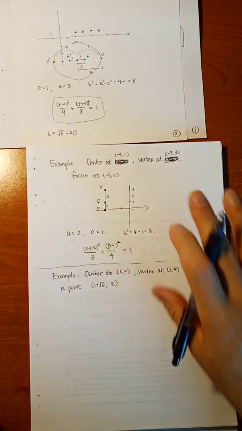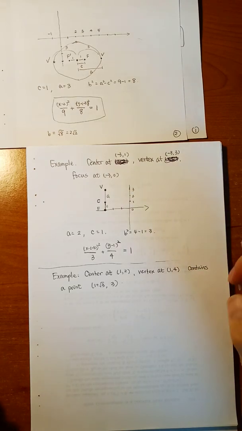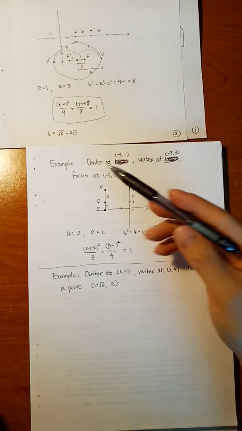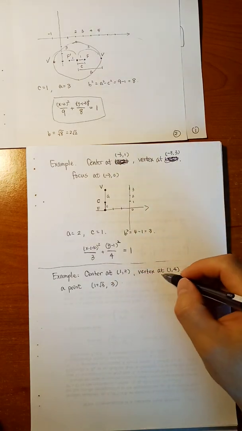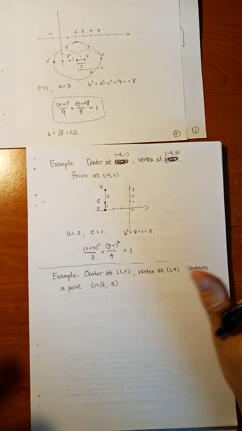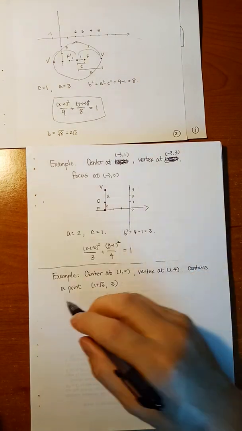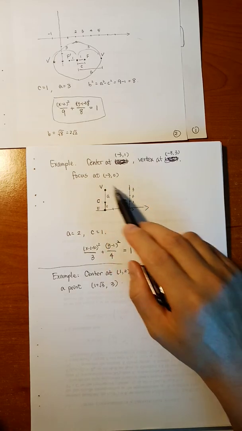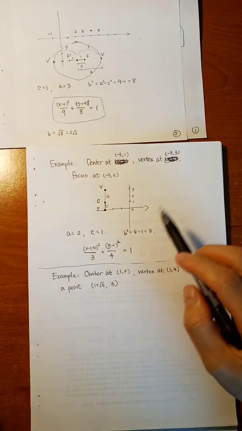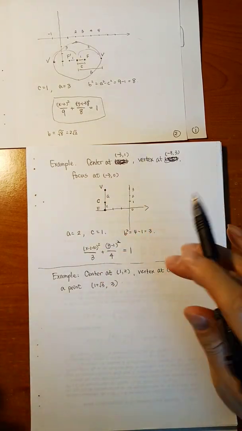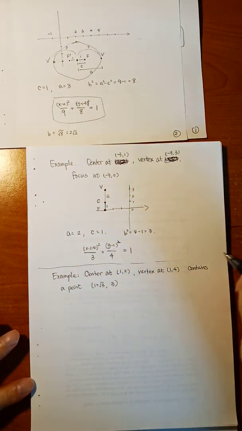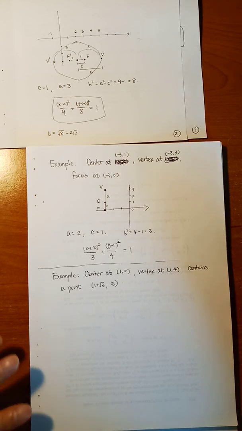Well, this one is slightly different from the first two examples. In the first two examples, we always have one focus, one vertex, and then the center. Here we only have vertex and center, but with another random point. It contains a point. Be careful, the focus is not contained on the ellipse. The focus is inside the ellipse, but not on the ellipse. Okay, so it's not a point on the ellipse. Vertex is a point on the ellipse.